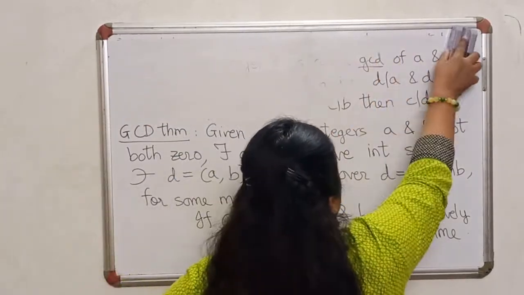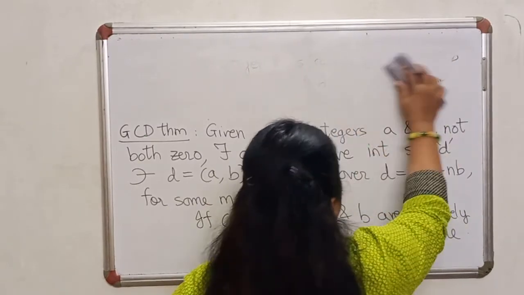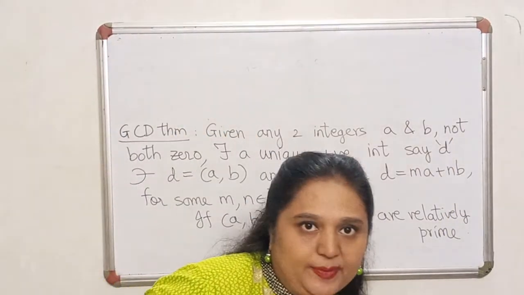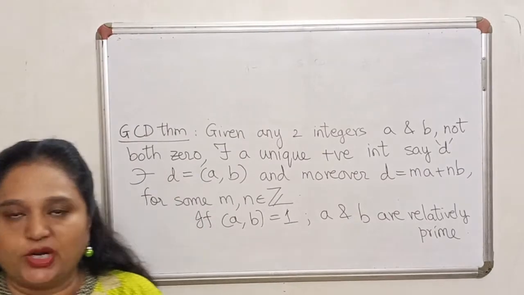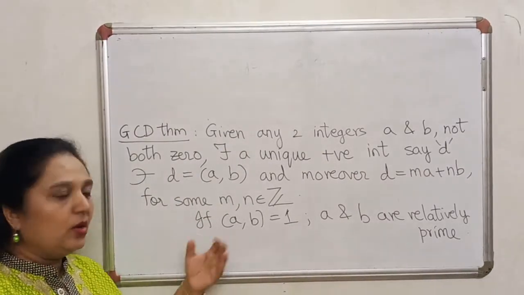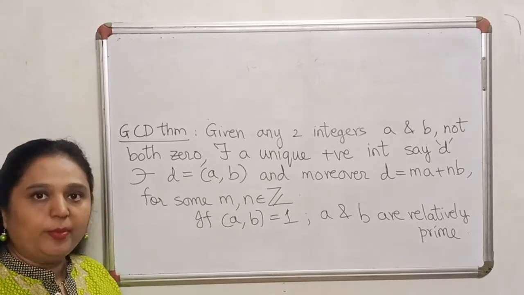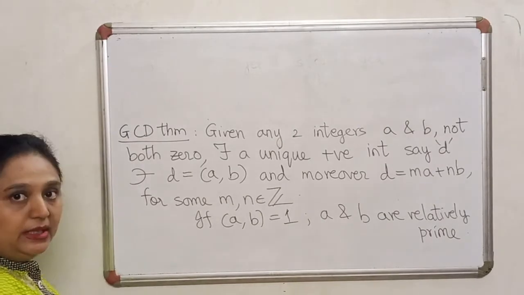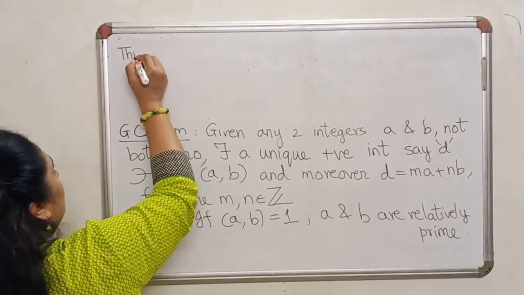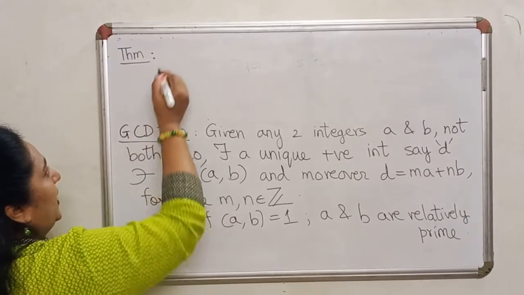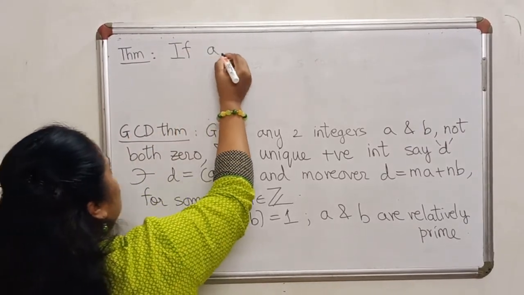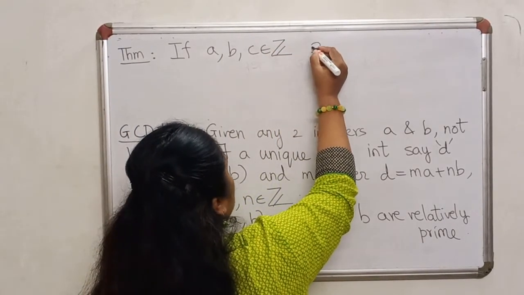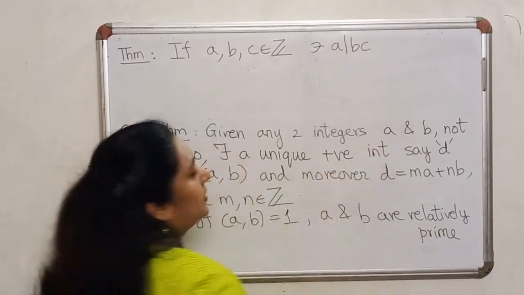There are actually quite a few results of GCD as well as relatively prime integers. You could just open up your first year textbook or notes, whatever that you have for reference, and look up those properties. There are some good properties over there which will also be very useful to us. But one very important property that I would like to state over here is connected to Euclid's lemma, and that is, suppose A, B, C are integers such that A divides BC.